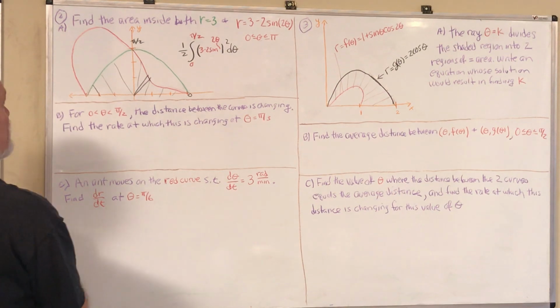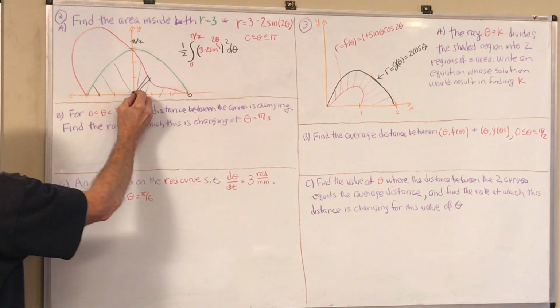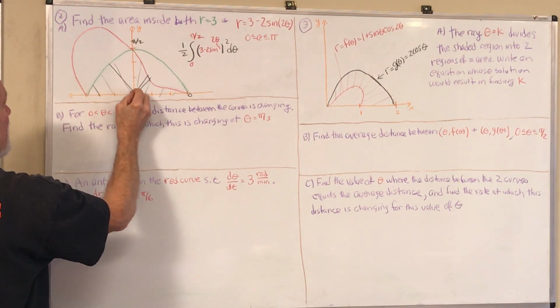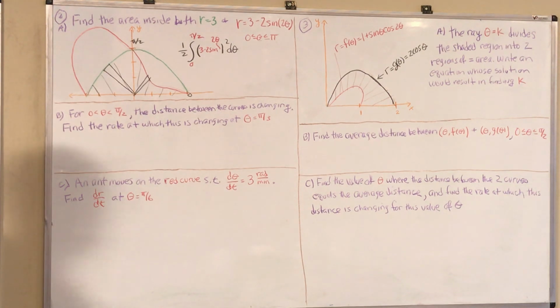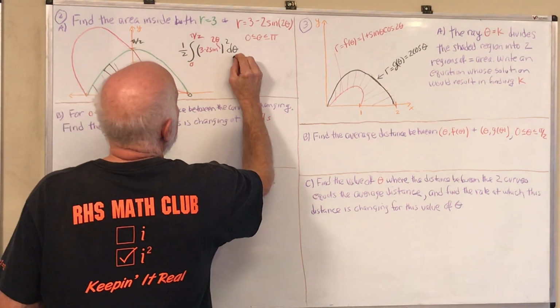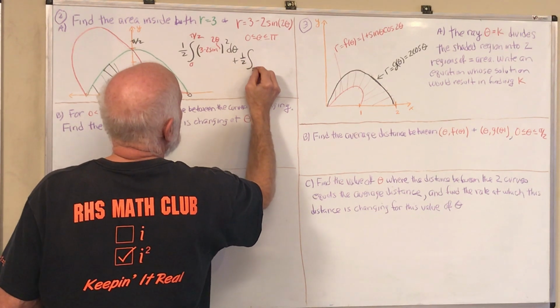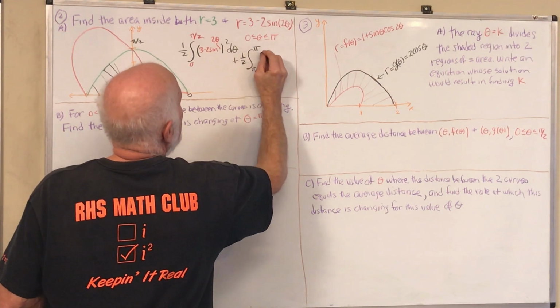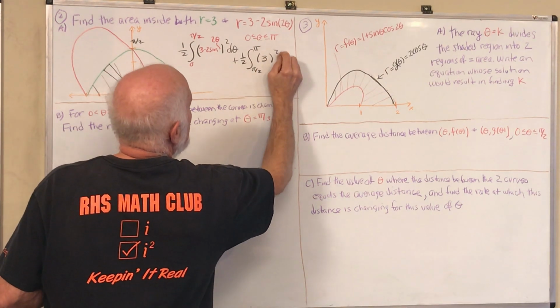Then your radius changes. Once you get past pi over 2 to pi, then your slices just go to the green curve. So then I could add 1/2 the integral from pi over 2 to pi, and now the radius is just 3.